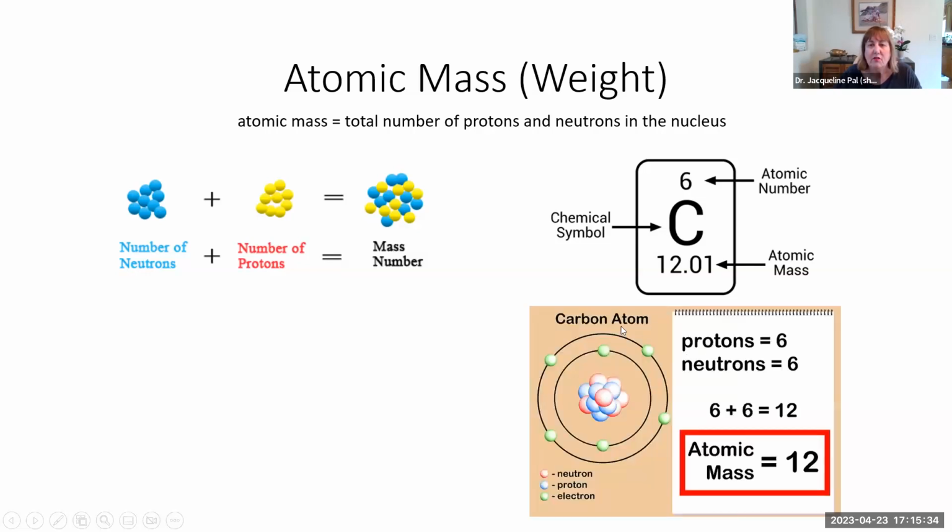All right, so looking at carbon, we know there are 6 protons because that's the atomic number. We know the atomic mass is 12, and we know 6 plus 6 equals 12. So that tells us there are 6 neutrons. Now, if you look at them in the shells, we know the first shell has 2 electrons.